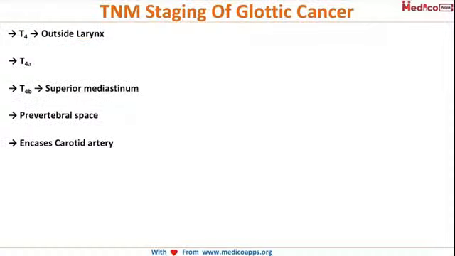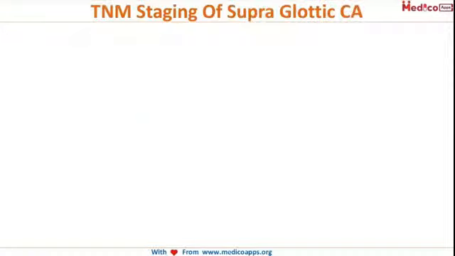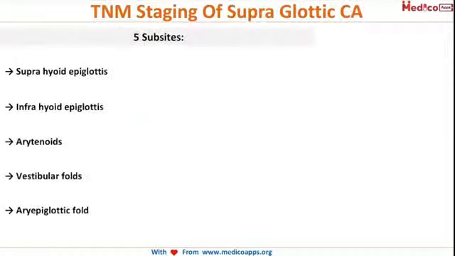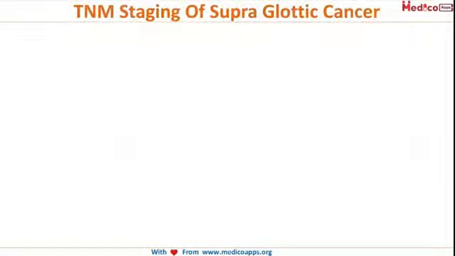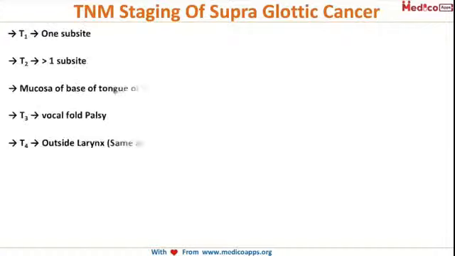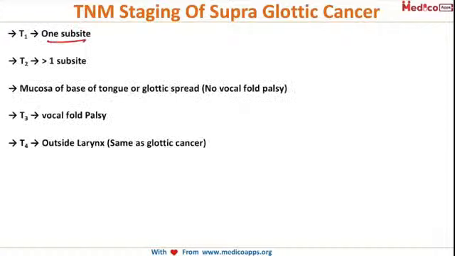Now let's proceed to TNM staging of the supraglottic cancer. There are 5 subsites of supraglottic cancer. It can be suprahyoid epiglottis, infrahyoid epiglottis, arytenoids, vestibular folds and aryepiglottic folds. When we look at the TNM staging, in T1, only one subsite is involved.